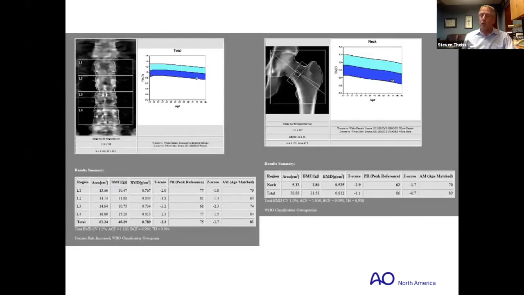The first thing that we do when we see patients that have fractures like this is we assess their bone quality. And so early on in this gentleman's treatment, he was sent for a DEXA scan, and you can see in the DEXA scanning of his spine that his worst T-score is -3.2, and that mimics also the bone density in the femoral neck where he has a T-score of -2.9.